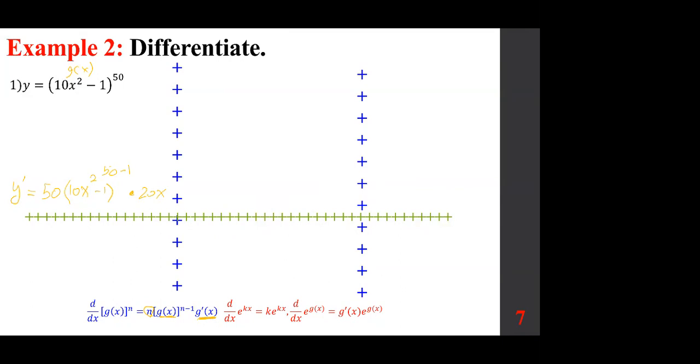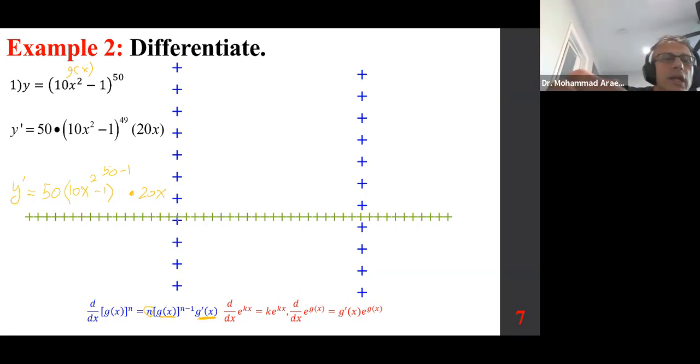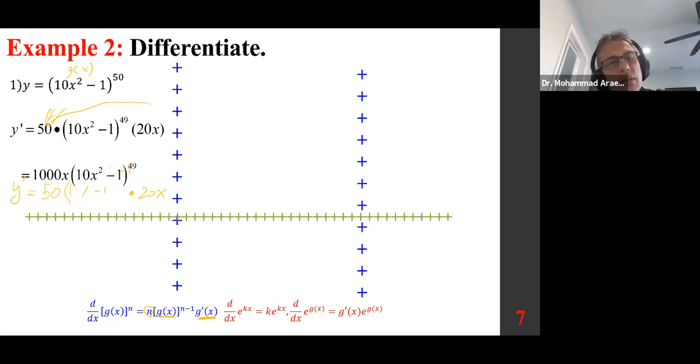G prime. And you're done with calculus. You just rewrite this, everybody, okay? And how do we rewrite that? We put the 20 in front, and 20x times 50 is 1000x. Let me actually erase this so you can see this clearly.